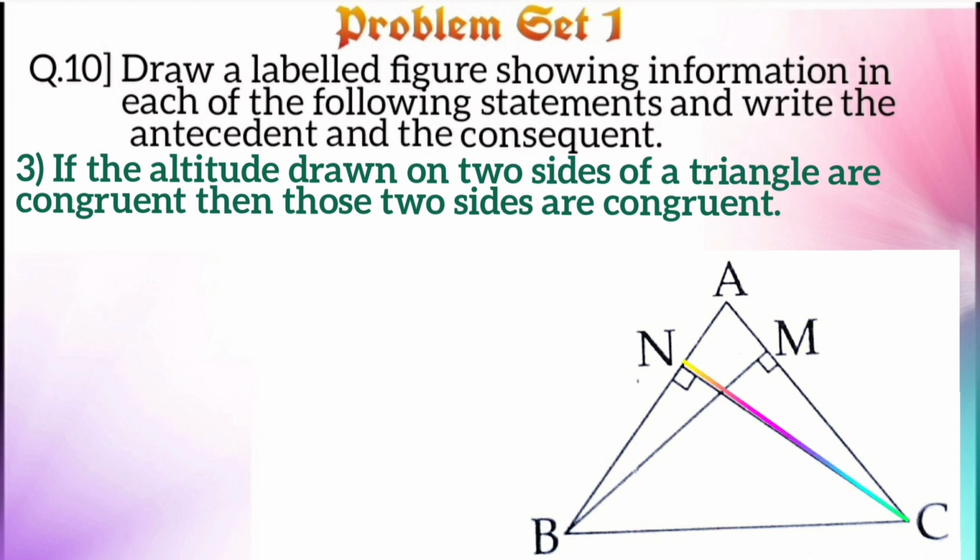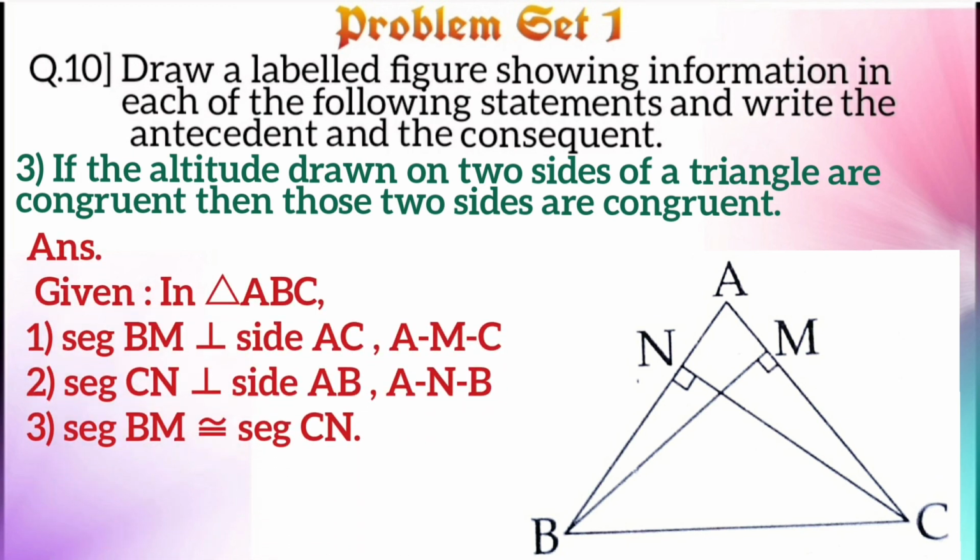What is given here? That if two altitudes are congruent, then the sides on which they are drawn are also congruent. Here is how our diagram will look. The triangle is ABC and the two altitudes are seg CN and seg BM. Let's see the given part.